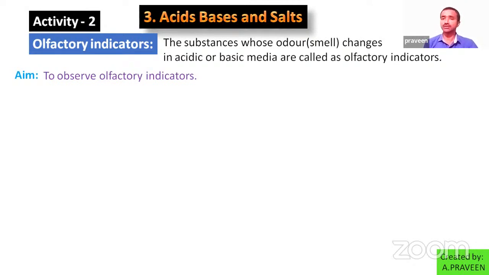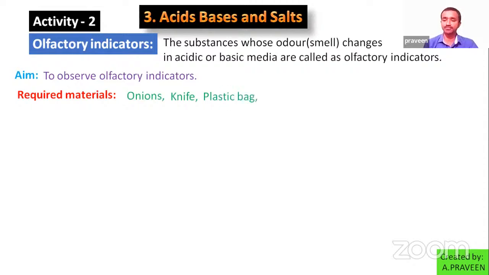Your required materials are onions, and a knife for cutting the onions. Chopped onions we are going to use here. A plastic bag, polythene bag, or carry bag. You require one clean, fresh cloth.